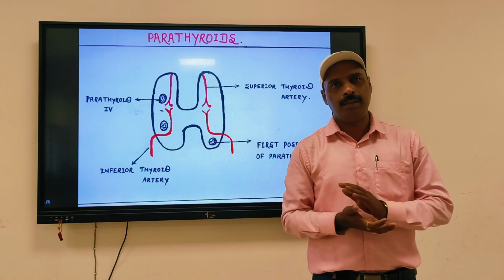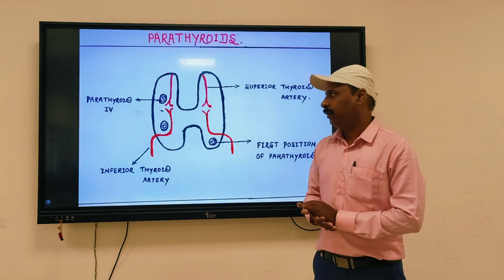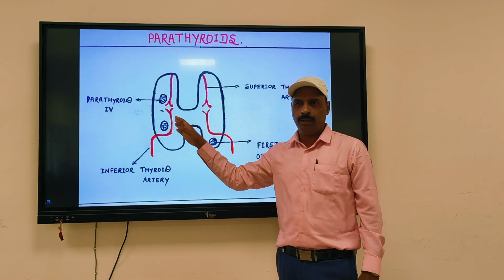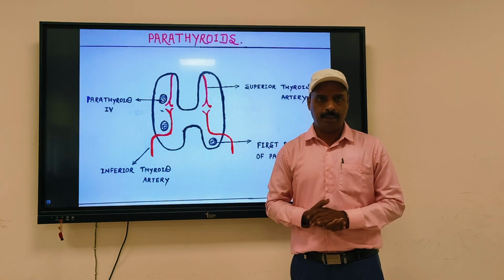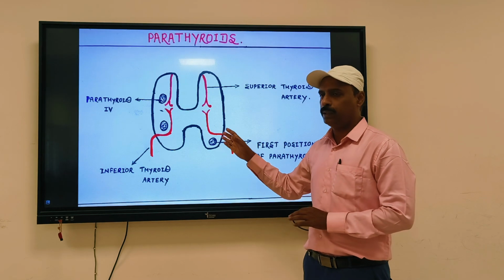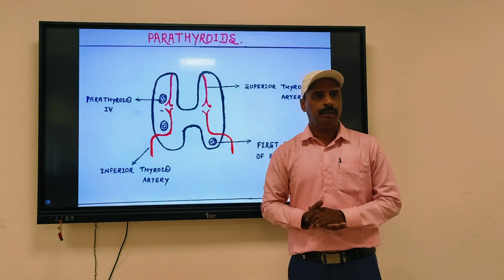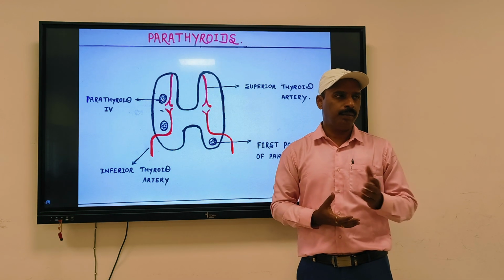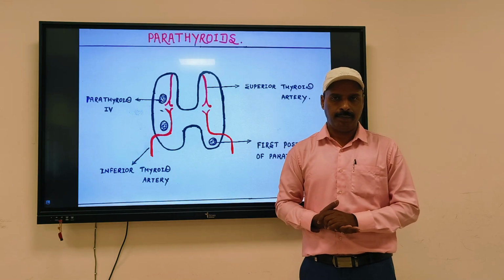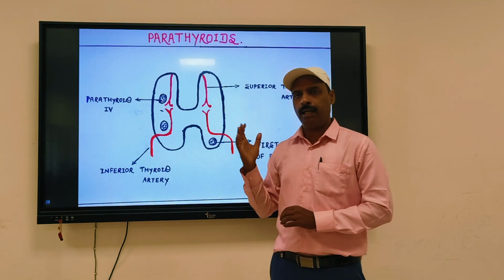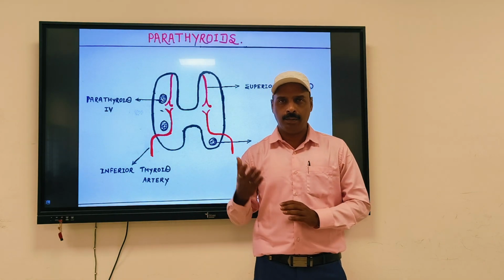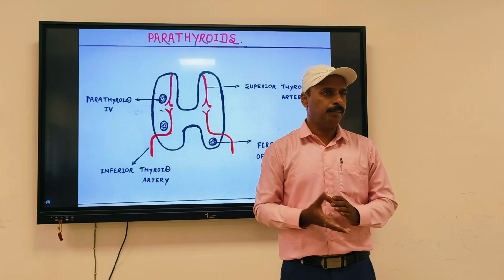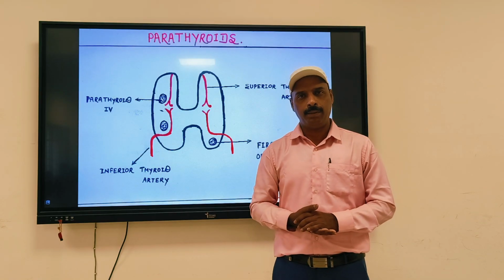It is a very small gland, and its most important function is the metabolism of calcium. This parathormone performs its function in relation to the metabolism of calcium. As we have already studied the hormones of the thyroid, the thyroid also plays an important role in calcium metabolism.